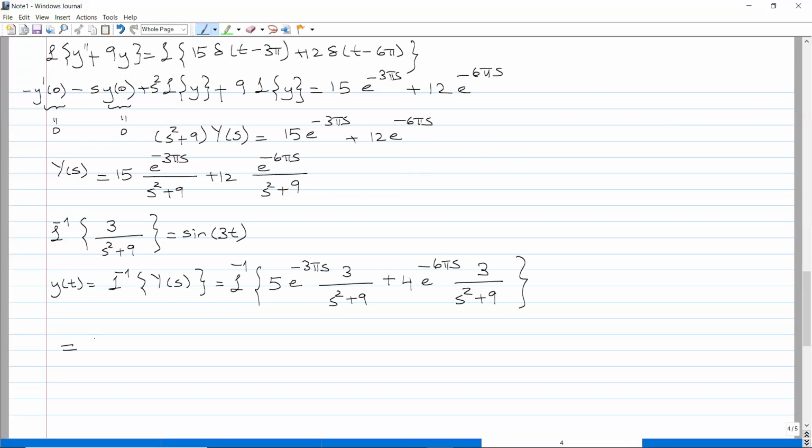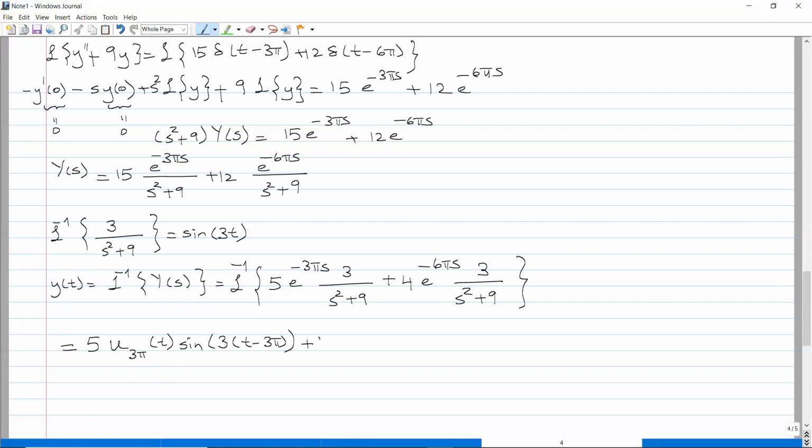So we have 5. Since we have an exponential function, it means we need the unit step function at 3 pi. The inverse Laplace of 3 over s squared plus 9 is sine 3t. But since we have the unit step function at 3 pi, instead of t we take t minus 3 pi.